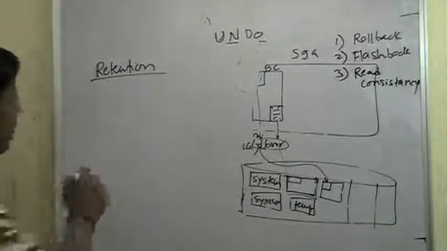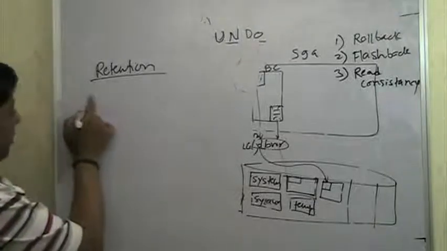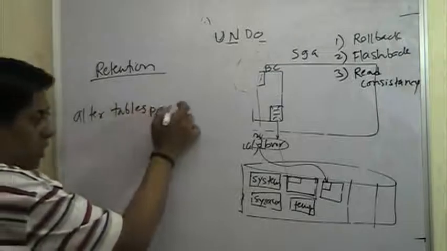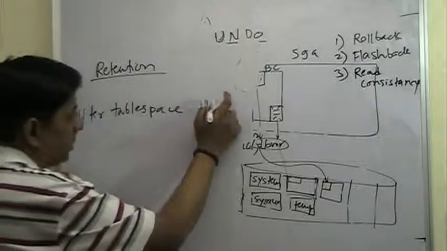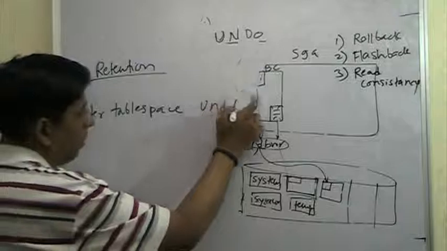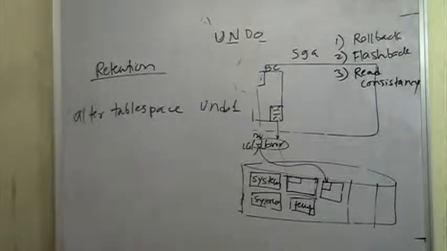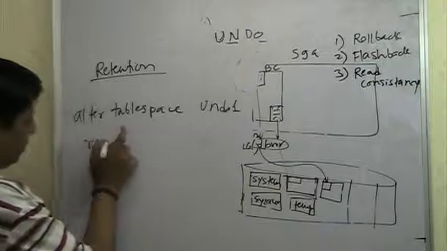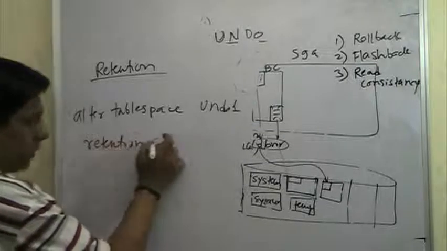Okay, so how do you do it? You just specify alter tablespace, the name of the tablespace, let us say undo1, retention guarantee.